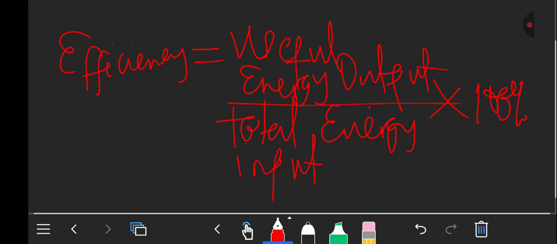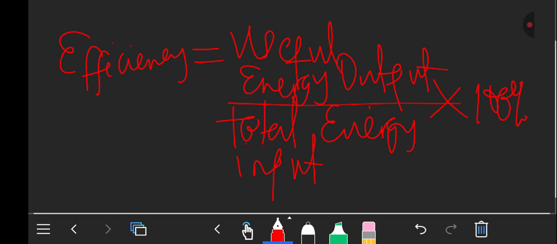So this is the formula we are going to use. So let's now do the substitution.